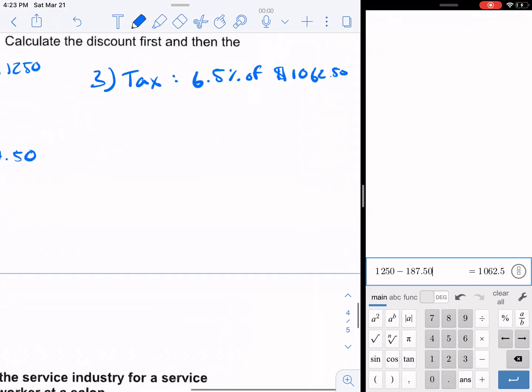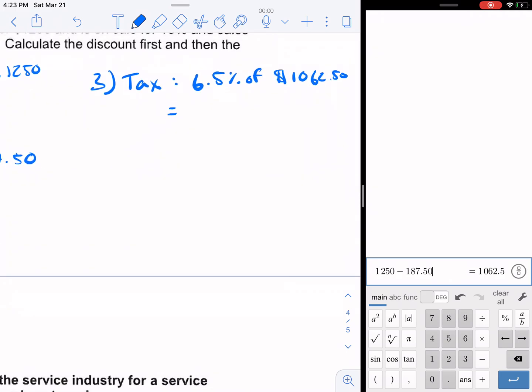Okay. So 6.5%, how do you write that as a decimal? It's 0.065. Of means times 1,062.50.